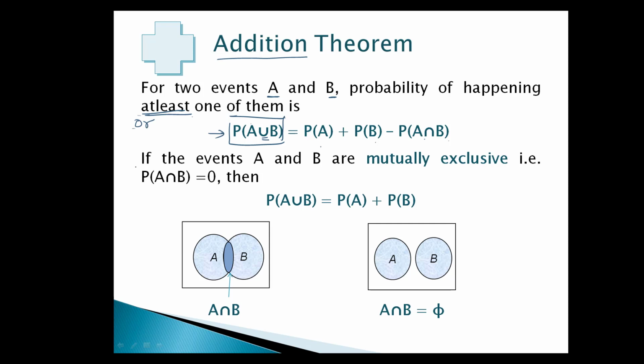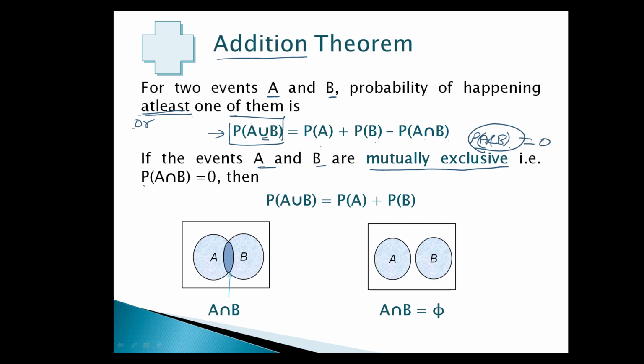Now, one more special case you can refer to is when the events A and B are mutually exclusive. We have discussed mutually exclusive events in our previous video. When the events are mutually exclusive, events A and B cannot happen together. So the probability that these two events will happen together is going to be 0.